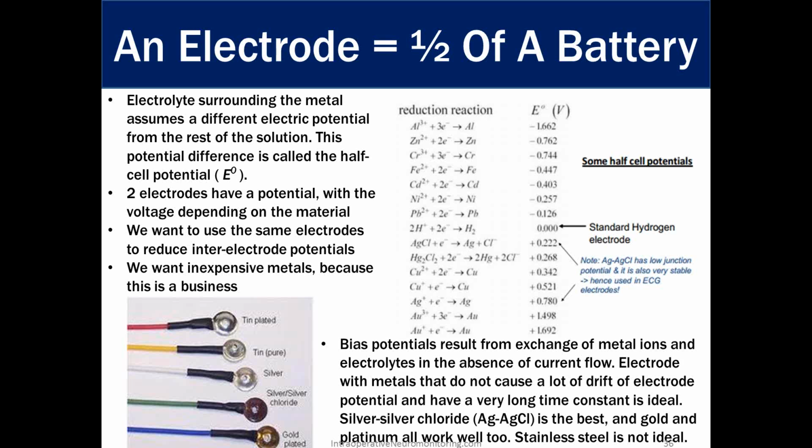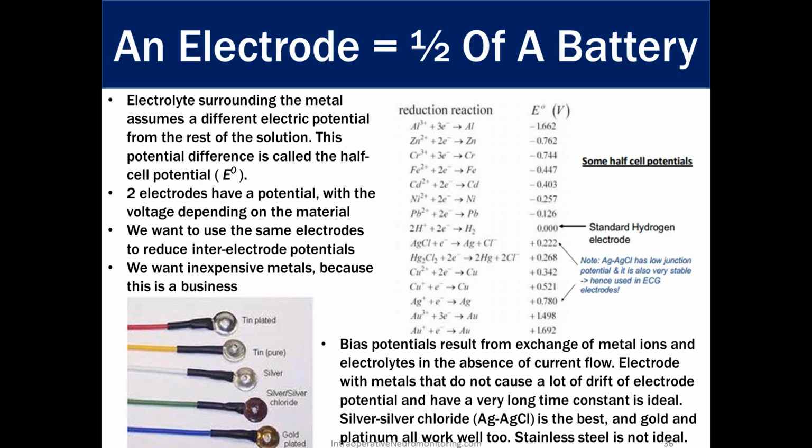Two electrodes have a potential, with the voltage depending on the material. We want to use the same electrodes to reduce inter-electrode potentials, and we want to use inexpensive metals because this is a business that we're trying to make a profit on. People that do EEGs for long-term studies might have a little bit more information given to them than people that go straight into the neuromonitoring field. A lot of times it's because they're used to using these head electrodes, which we don't typically use in the OR.